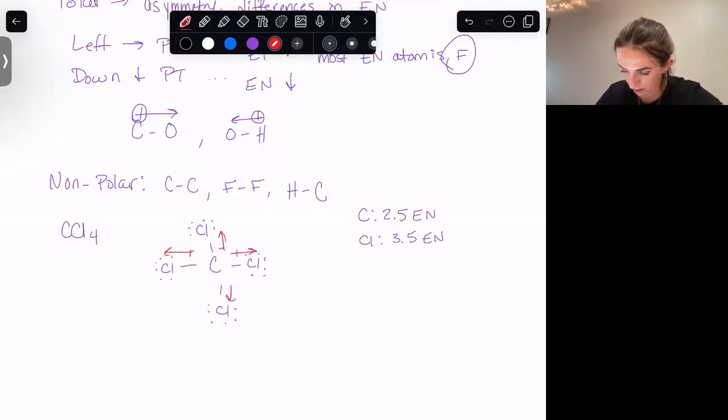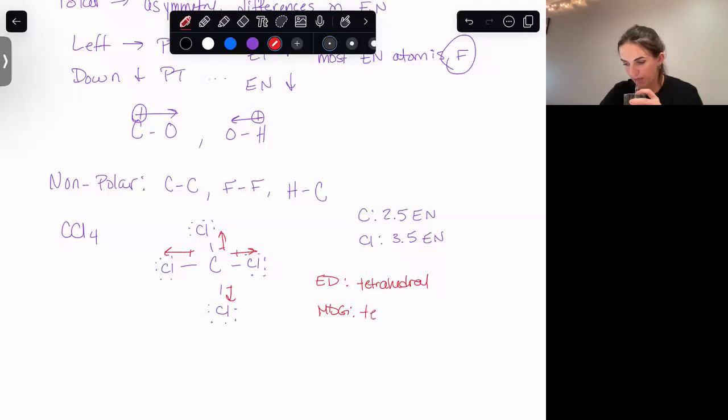What shape does this carbon tetrachloride take on? What's the electron domain geometry? Good. It's tetrahedral. What is the molecular geometry? Good. It's also going to be tetrahedral.